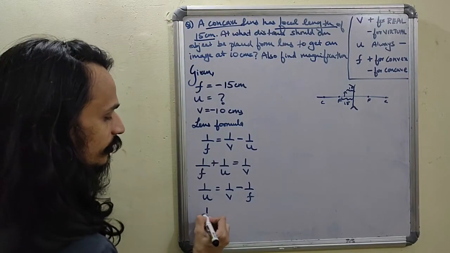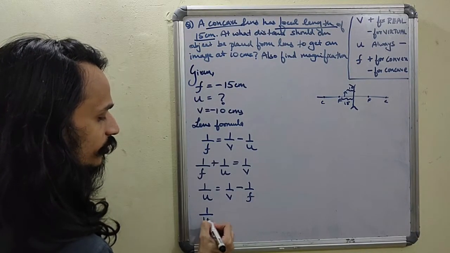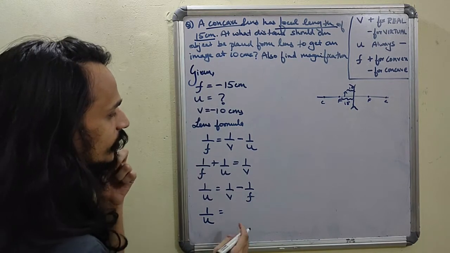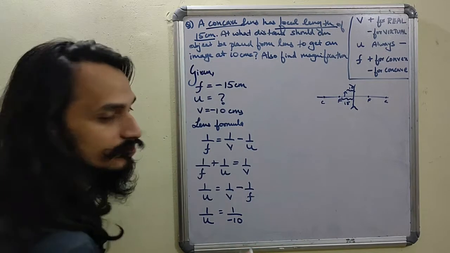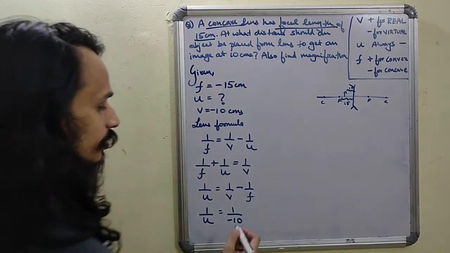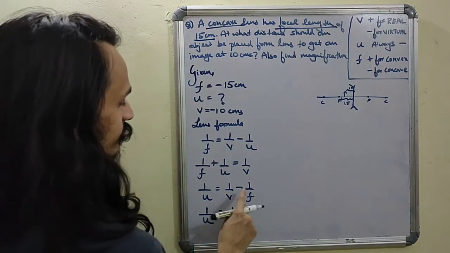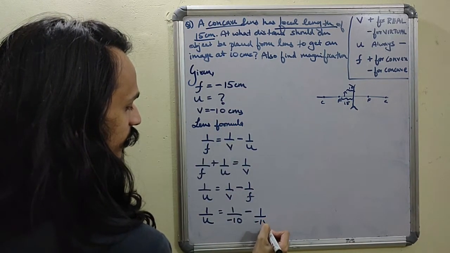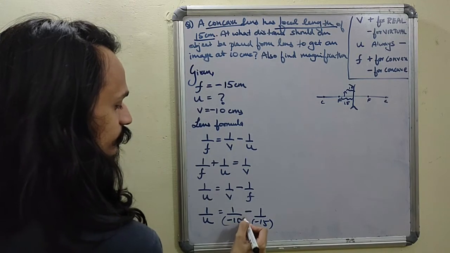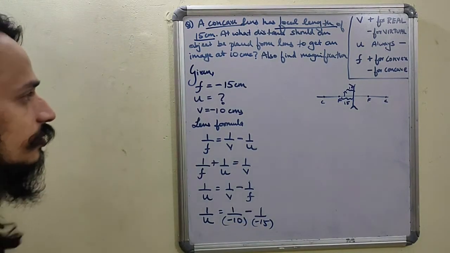So now I have u on one side. 1 by u equals 1 by minus 10, minus of 1 by f, which is 1 by minus 15, right?